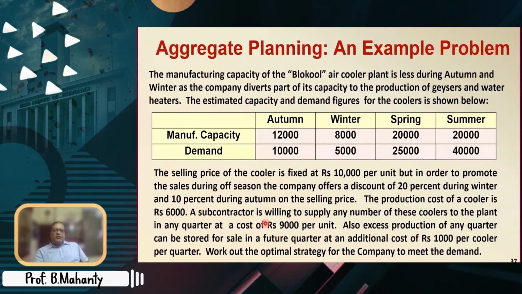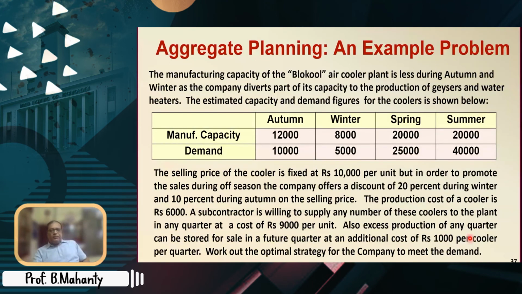A subcontractor is willing to supply any number of these coolers to the plant in any quarter at a cost of rupees 9,000 per unit. Also, excess production of any quarter can be stored for sale in a future quarter at an additional cost of rupees 1,000 per cooler per quarter. Work out the optimal strategy for the company to meet the demand.